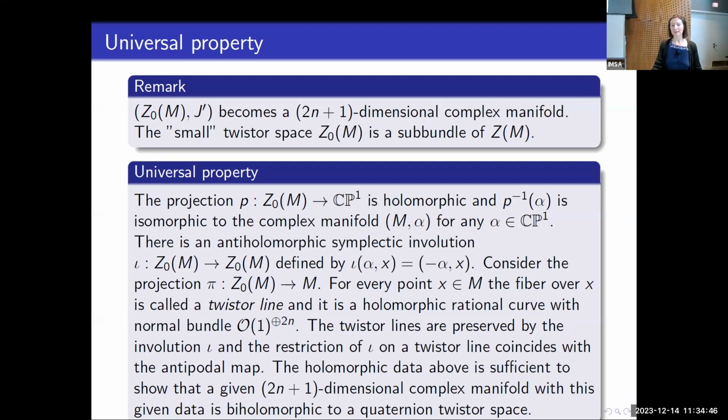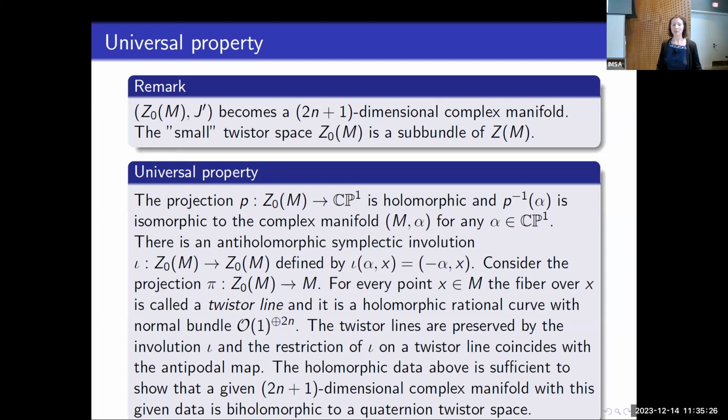And so, on the other hand, you can consider a different fibration. You can consider the projection of the small twistor space over M. So this is just a structure of double fibration. And then for every point in M, the fiber is just a twistor line. And it is a holomorphic rational curve. And one can compute the normal bundle, which is O of 1, 2n times.